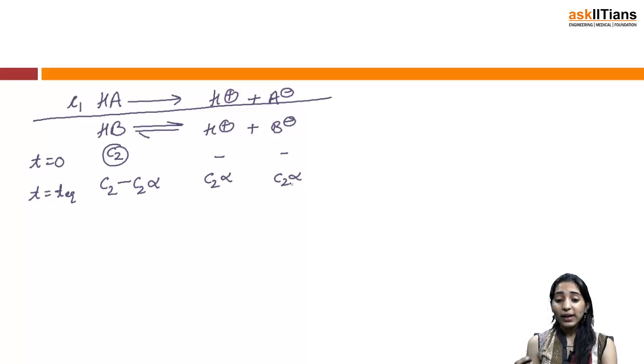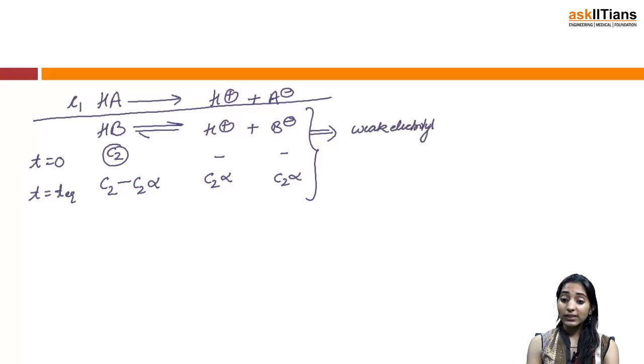But what we have to take into account is that there is an equilibrium which has been established for a weak electrolyte. Now to this equilibrium of weak electrolyte, we are adding a strong electrolyte which is having one ion in common.